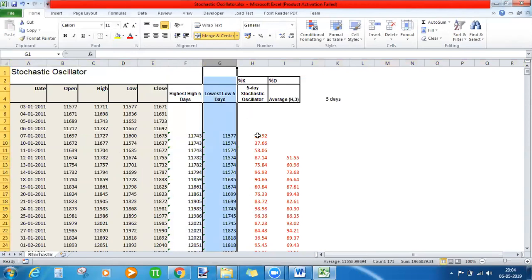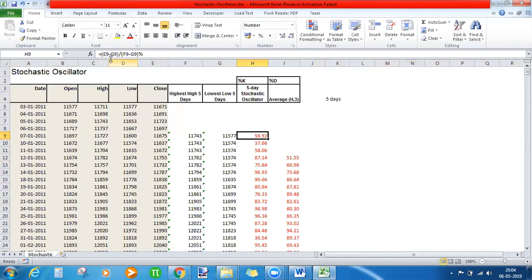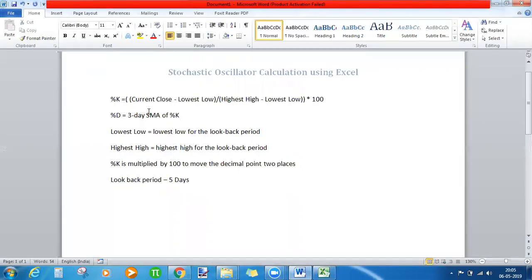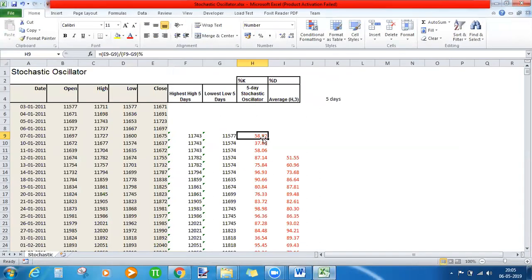Now the formula for stochastic: close price minus lowest low. When I put my cursor here, this is the close price, this minus lowest low, divided by highest high minus lowest low, and you convert it into percentage terms.